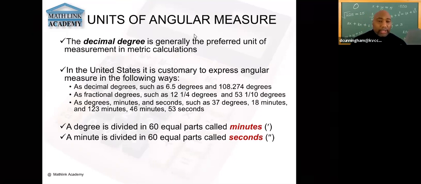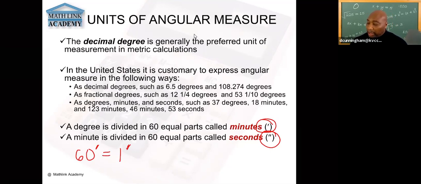Now, these are two things you need to know and put in your memory. A degree is divided into 60 equal parts called minutes. And the symbol that we have for minutes is 1 dash, 1 prime. And so that is what we look at as a minute. When we have 2 dashes or 2 primes, they're seconds. And what we need to realize is that 60 seconds equals 1 minute.